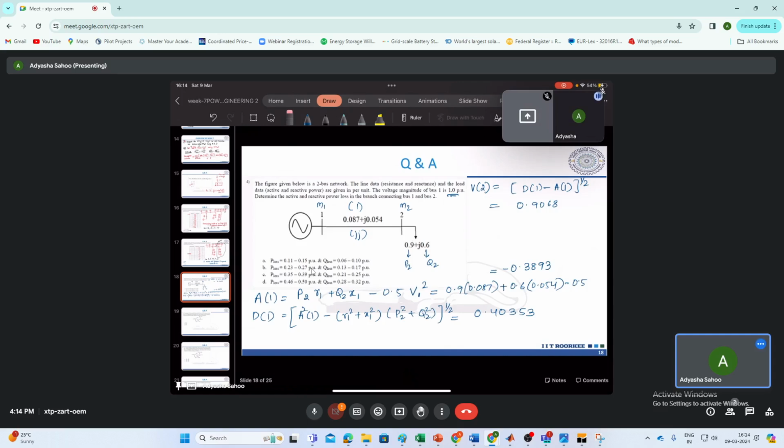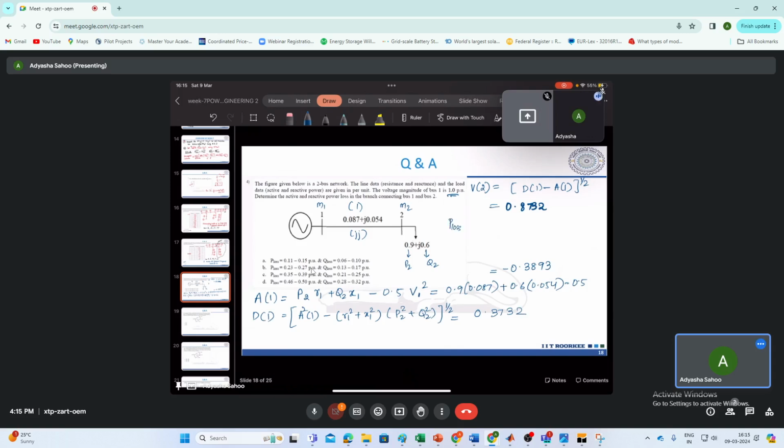So this gives me 0.3732. So 0.3732 plus 0.3893, yeah, so I get it as 0.8732. Now once I know the V2 from here, I can calculate loss, right?